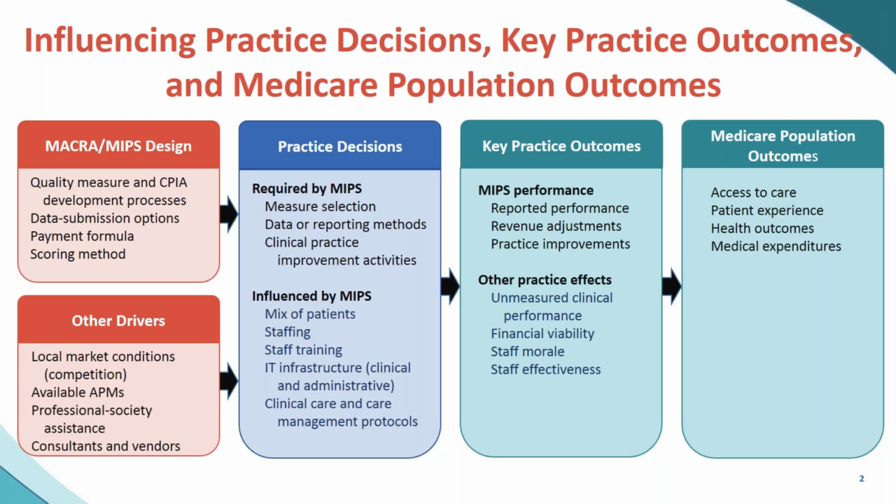Again, you're going to look at that performance ongoing to continually improve your outcomes, your staff morale, staff effectiveness, which will then also have an influence on the Medicare population outcome. And the goal really is to improve patient experience and outcomes while reducing Medicare costs and costs to private payers.